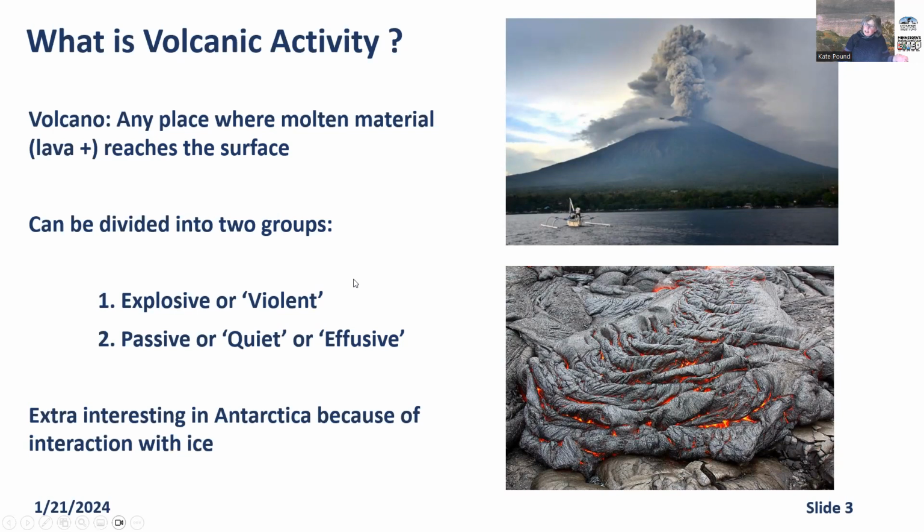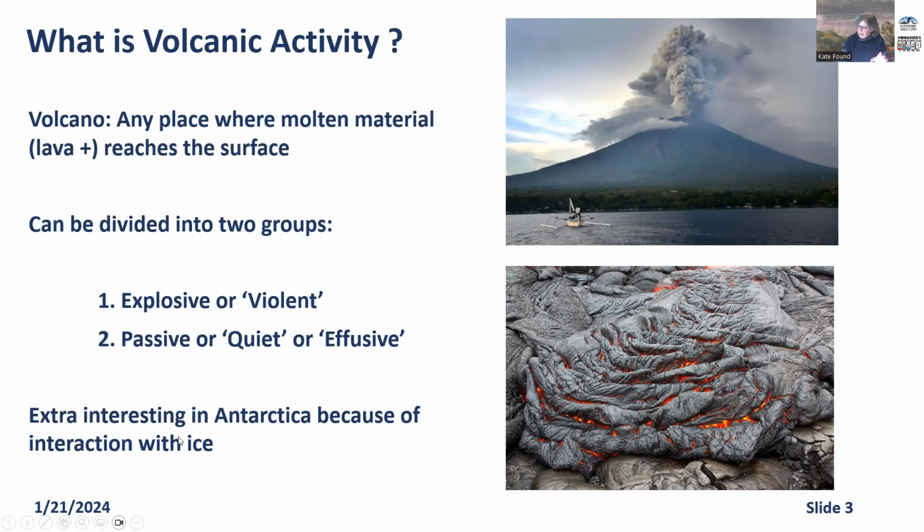People often call it either explosive and violent, or passive, or quiet, or effusive. So up at the top, we have an example of explosive or violent volcanism, and down below, we have some passive, quiet, or effusive volcanism.